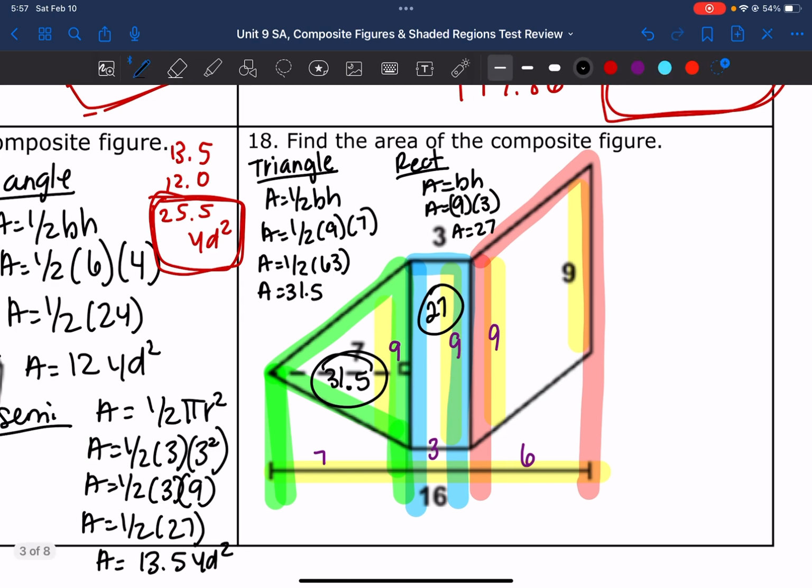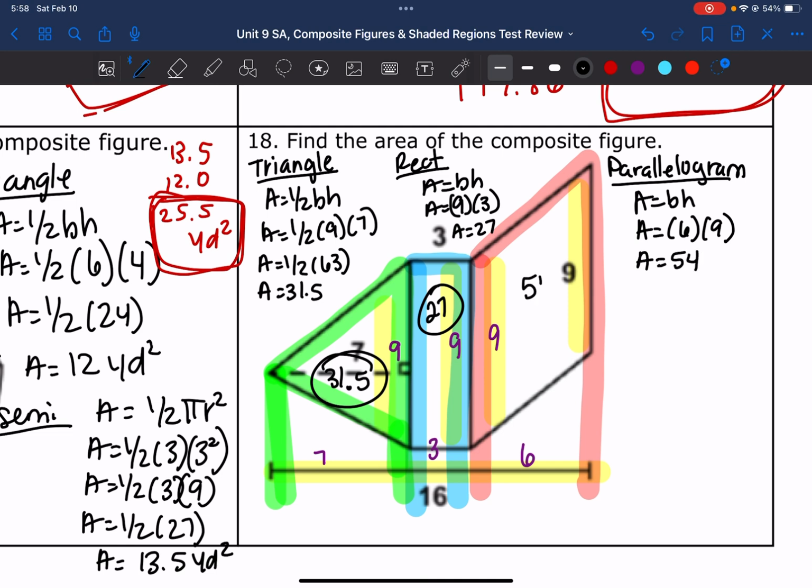So the parallelogram is going to be the same thing as the rectangle, which is area equals base times height. I know that the base is 6 and the height is 9. 9 times 6 is 54. So that means this is 54 here.